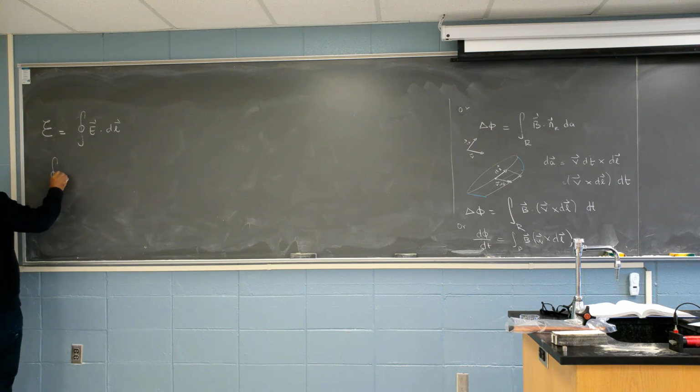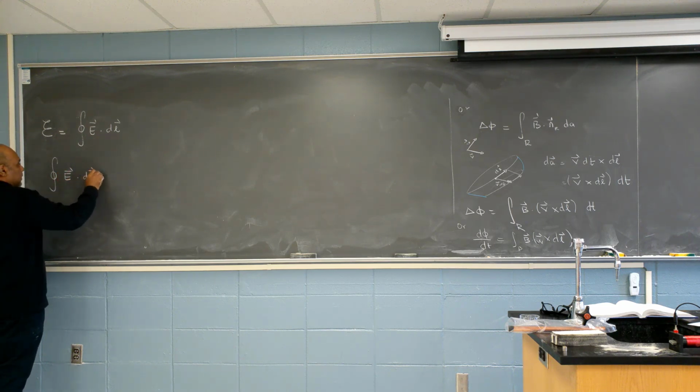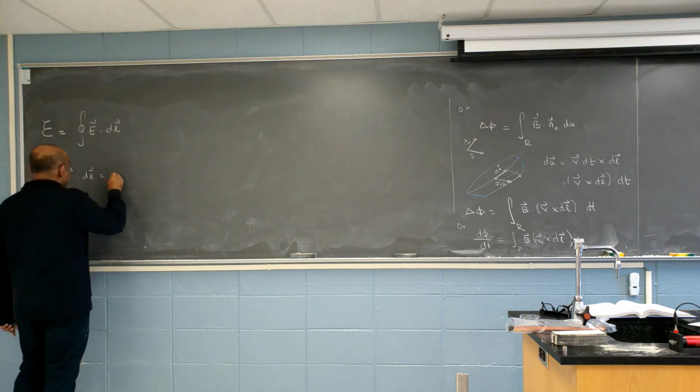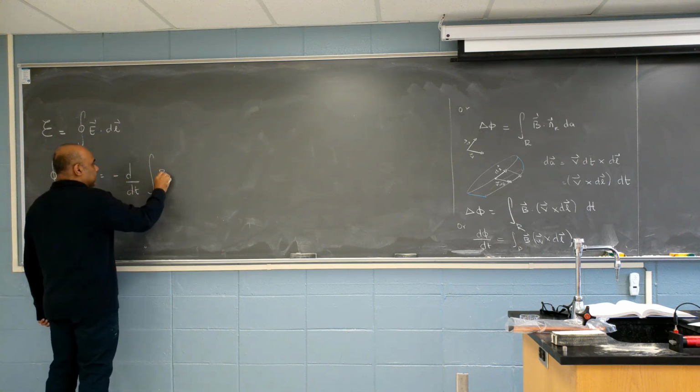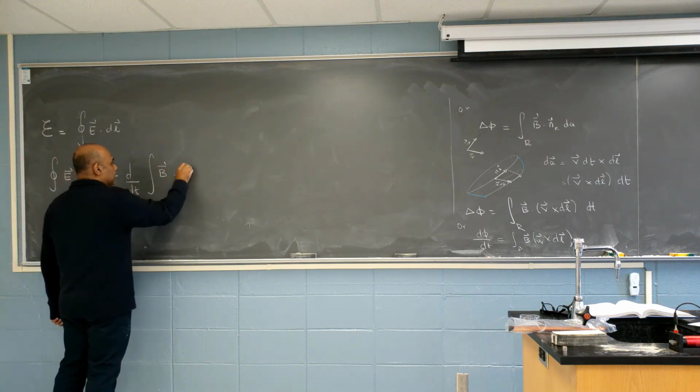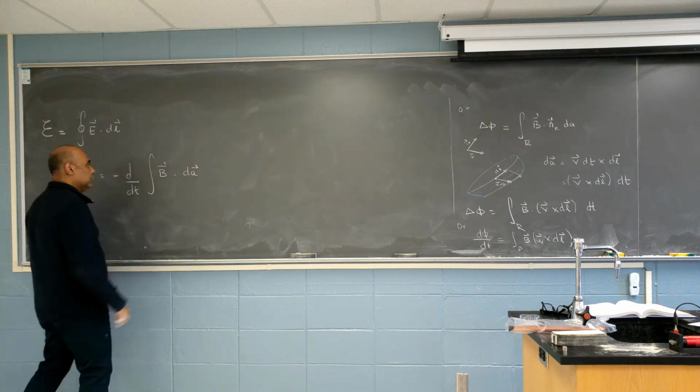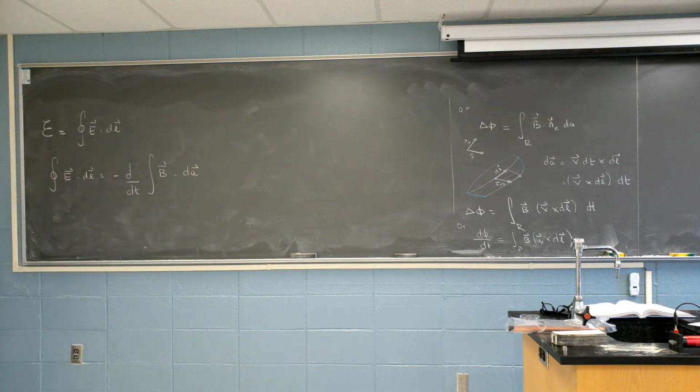So what we have is E dot dl is equal to minus d dt of B dot dA.